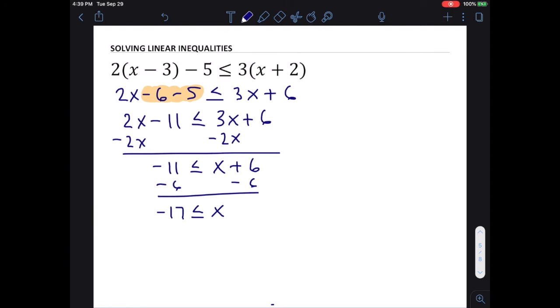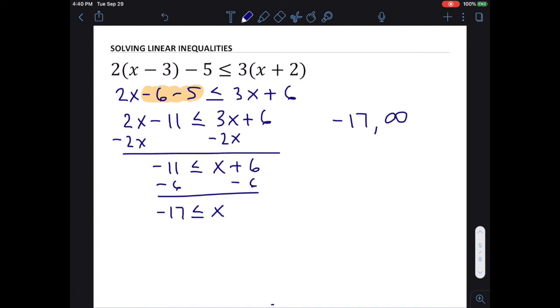And then this is another one where I like to have that opening on the right-hand side, so it's there already, but the x is on the right-hand side. So that can be a little bit uncomfortable for some people, but that's okay to have the x on the right-hand side. It shows us that, hey, we're going to that positive infinity side, right? So over here on the right, I'm going to go ahead and write my interval. So my interval is from negative 17 to positive infinity.